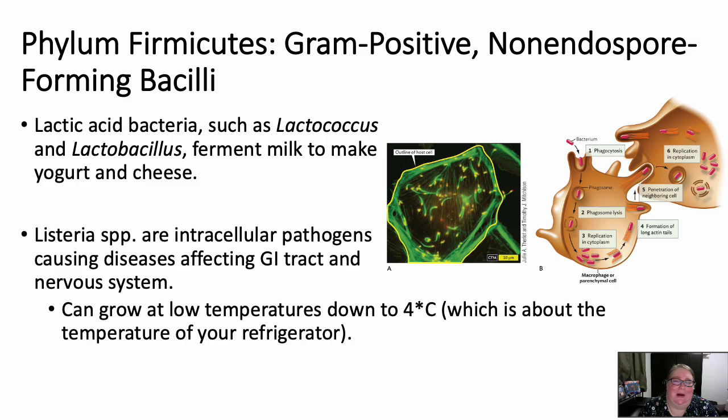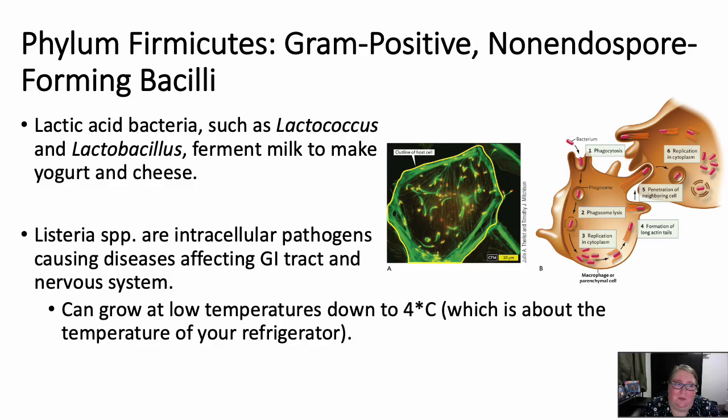Okay, so we need to talk about the other side of our gram-positive firmicutes, and that's the non-endospore forming ones. So we have some different rods that don't form endospores. So these are going to be things like lactobacillus. We also have lactococcus, the spherical form of those. Both of these are lactic acid bacteria, meaning they ferment lactose to make lactic acid.